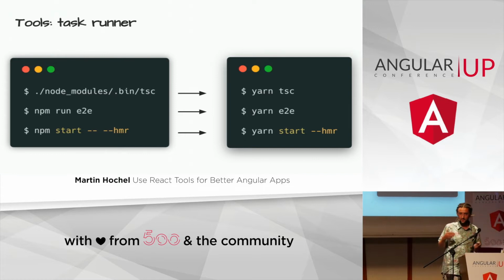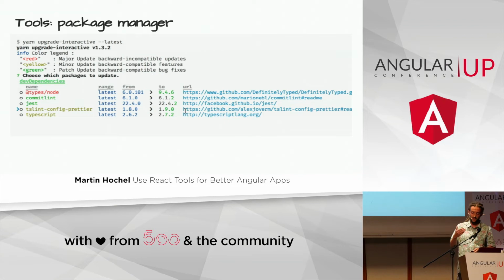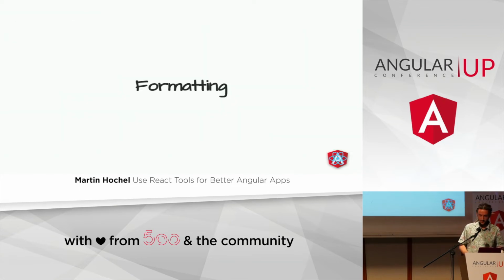Are you just watching every day in the morning like, hey fella, is there some new Angular version? No, I don't know. Well, Yarn has a CLI tool which will give you all the package names in your package.json file, and you can update from this CLI, which is really convenient. All right, that was package management. What about formatting your source code?